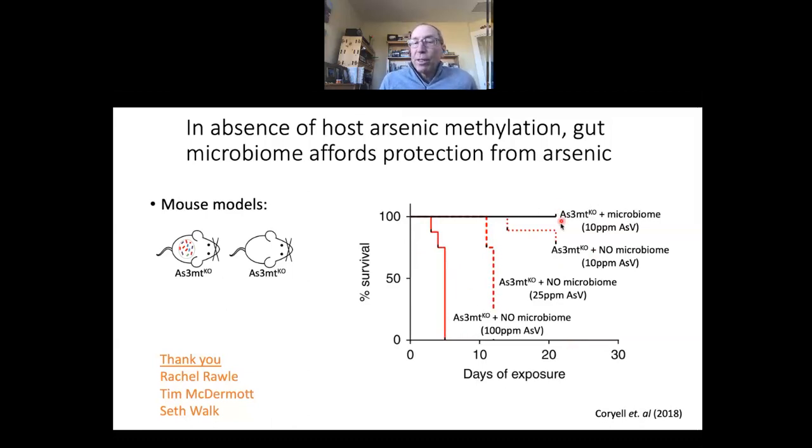So this is really showing us that the microbiome is having an impact on essentially protecting these mice from the arsenate in their water. And so we are now in the process of trying to extend these studies to essentially look at, well, what are the impacts on humans, and can we start to understand the disease penetrance of arsenicosis with respect to the gut microbiome.